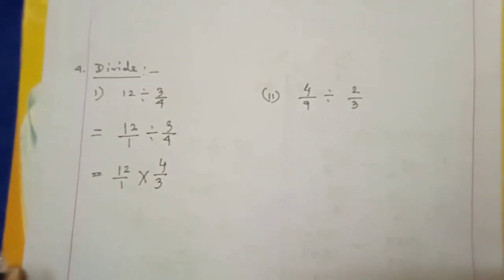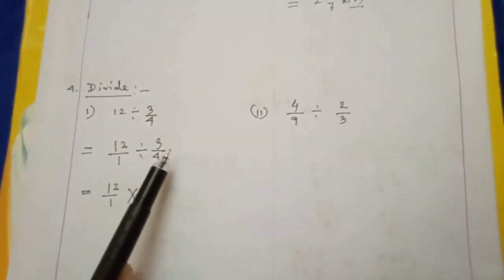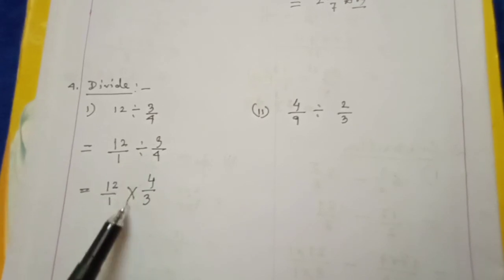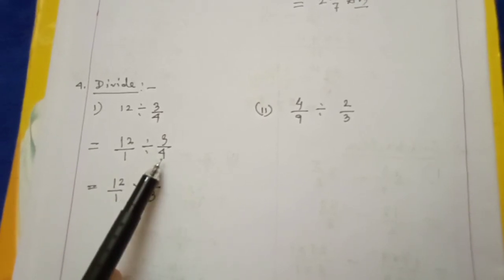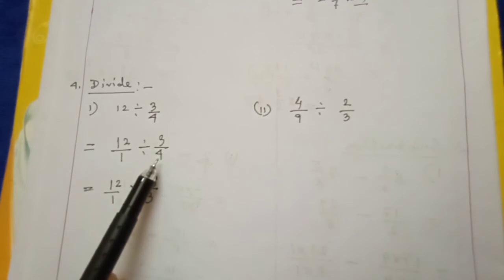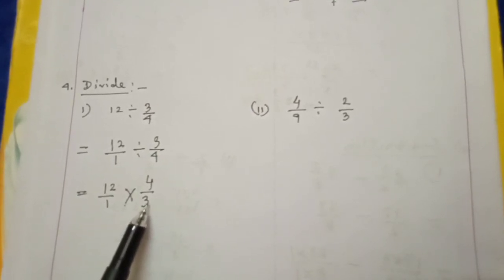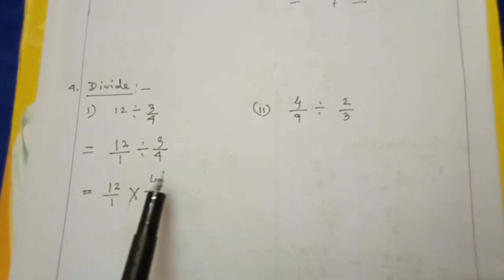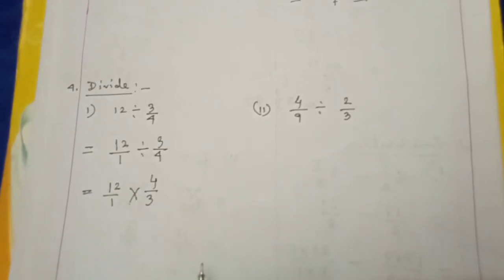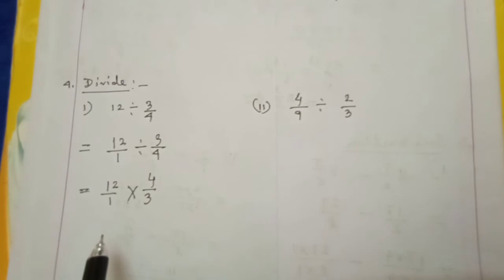So this is the main thing you have to do in division. You have to change the division sign into a multiplication sign, and the number after the division sign you have to make the reciprocal. Reciprocal means the numerator becomes the denominator and the denominator becomes the numerator. This is the reciprocal form only.